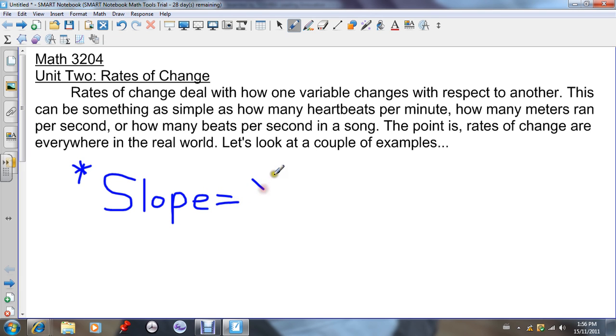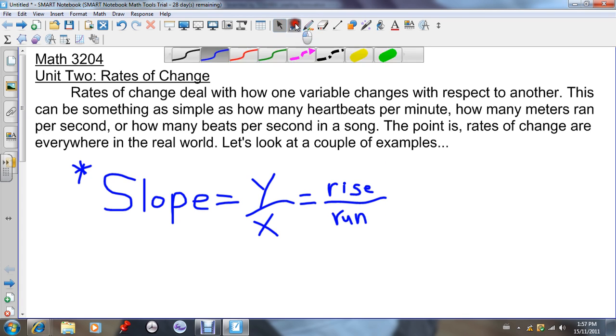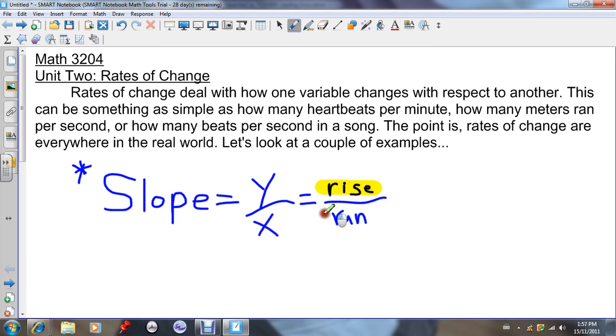We know the slope is always y over x, and it's always given by rise over run. Essentially what the slope tells us is the rate of increase or decrease, over a certain interval, which is our run.